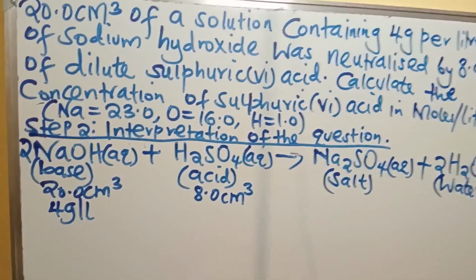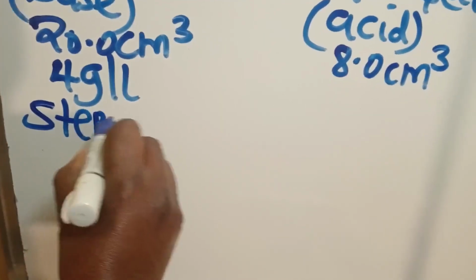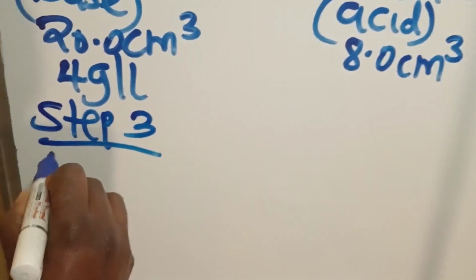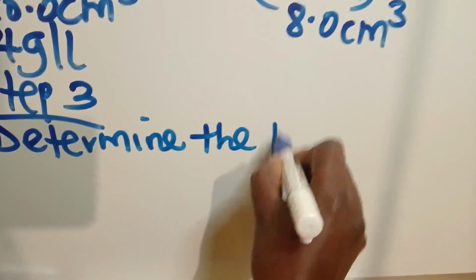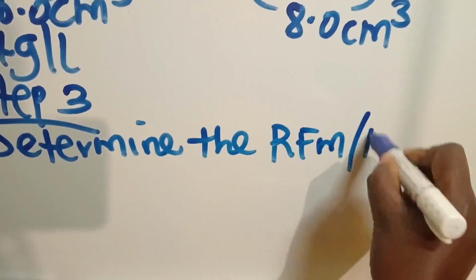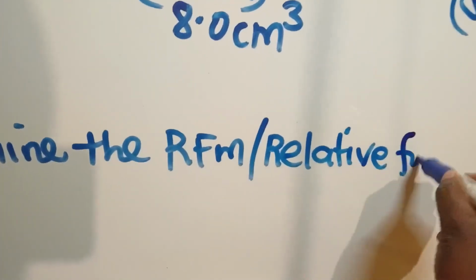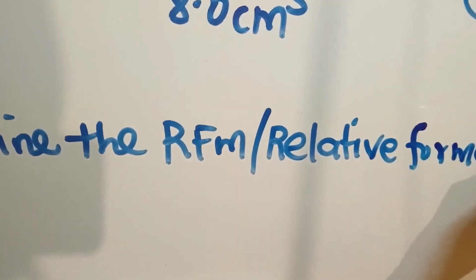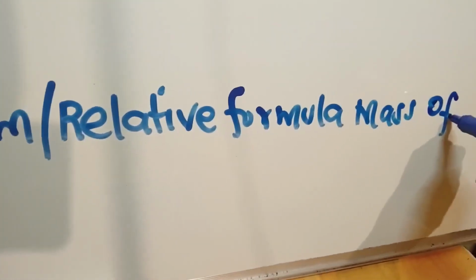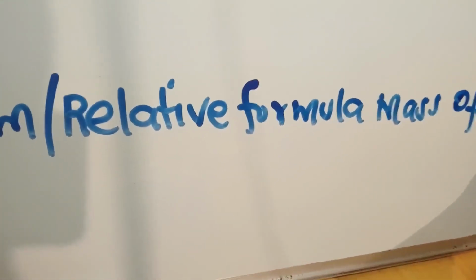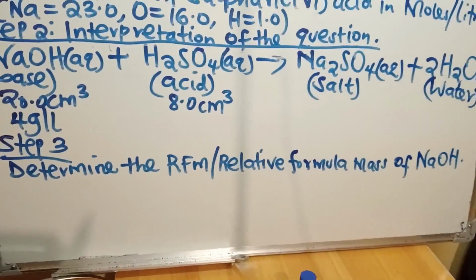So to begin with, step number 3, we are going to determine the RFM, which is the relative formula mass, of sodium hydroxide. We determine the RFM of sodium hydroxide.